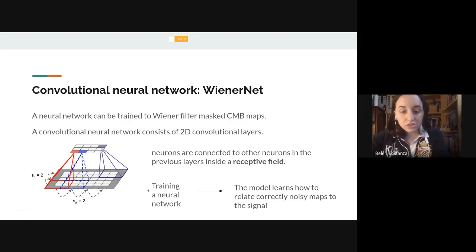So the idea is to train a neural network in order to reproduce the Wiener filter. We need the model to learn how to relate noisy maps as inputs with the desired output, that is the original signal, given a training set of examples.